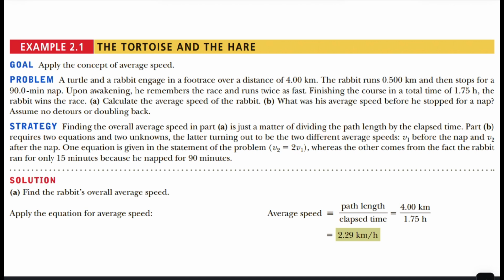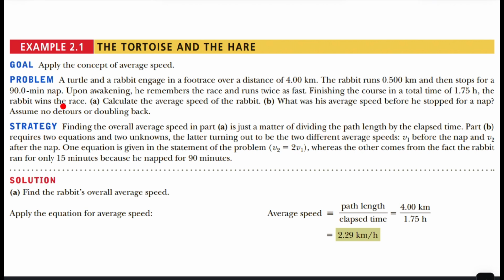Let's take a look at example 2.1, the tortoise and the hare. A turtle and a rabbit engage in a foot race over a distance of 4 kilometers. The rabbit runs 0.5 kilometers and then stops for a 90 minute nap. Upon awakening, he remembers the race and runs twice as fast, finishing the course in a total time of 1.75 hours.